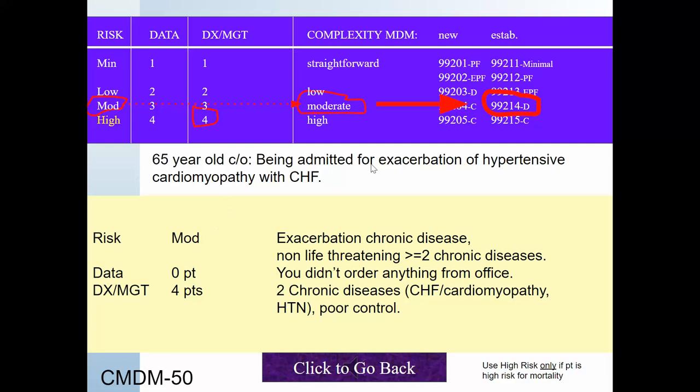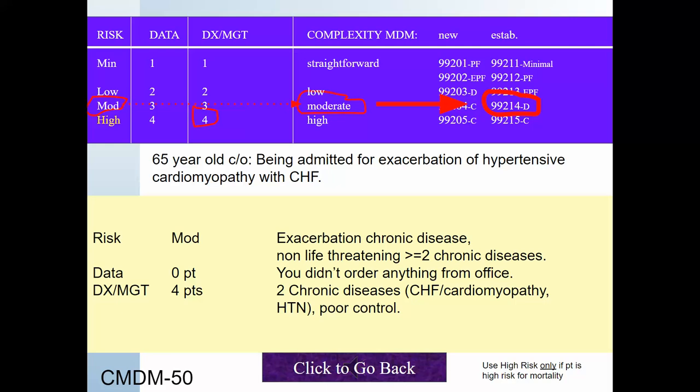Data: they're being admitted for hypertension. We didn't order anything through our office. We were going to let the ER do that. So remember, the slice in time where we render the service is what determines our complexity of medical decision making when we see the patient.